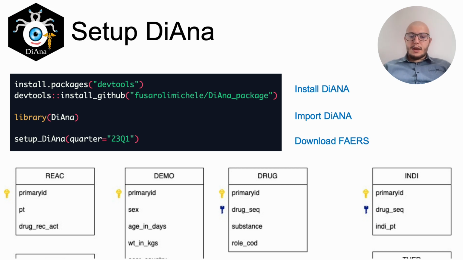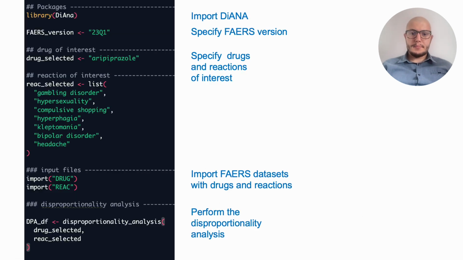And the files, as you can see below, are a set of datasets that are related and that store different information. We suggest running these commands in a project inside a specific folder on the desktop, but we will provide in the future a video to show how to better set up DiAna.